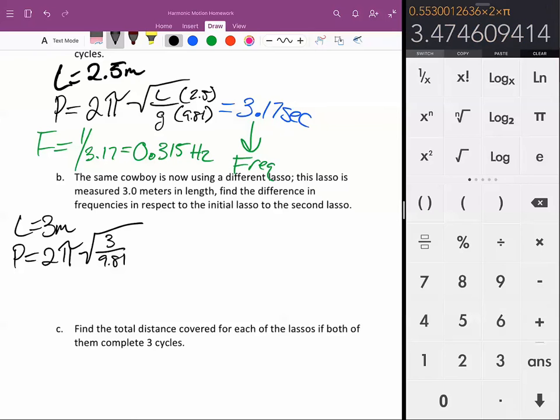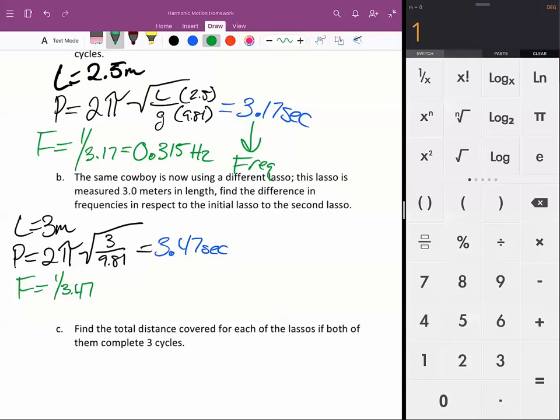We have a period of 3.47. Now let us find the frequency as well for this. So 1 divided by 3.47, and we have a frequency now of 0.288. And we'll keep the thousandths as well.